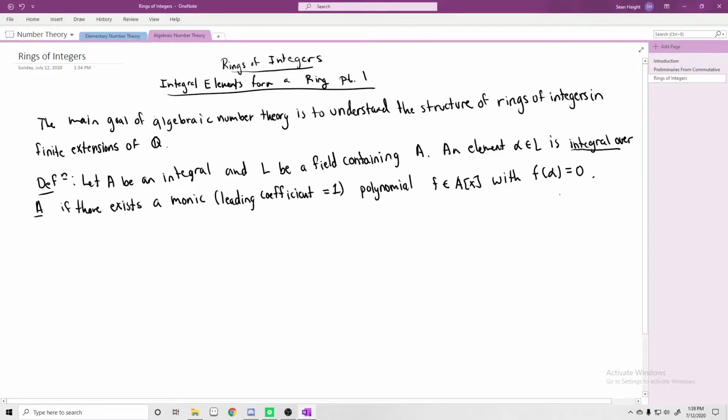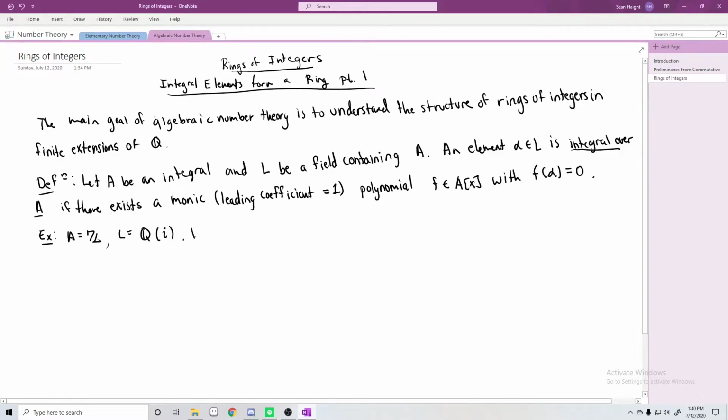So, for example, you could consider the following, maybe one of the motivating examples. I'm going to let A be Z, and I'm going to let L, let's say, be Q adjoin i.